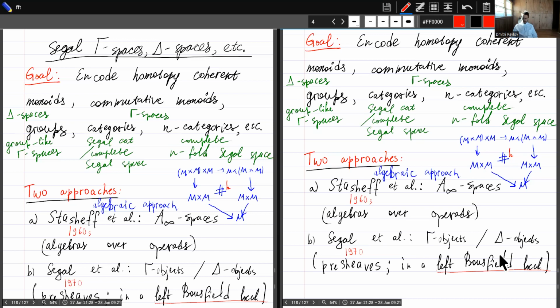And as you may already guess, we are big fans of the functor of points approach in this class. And this is one more application of the functor of points technology. And we'll see how exactly a bit later.